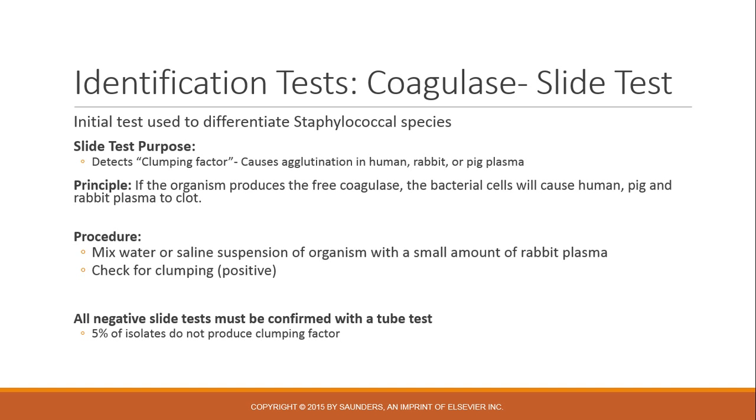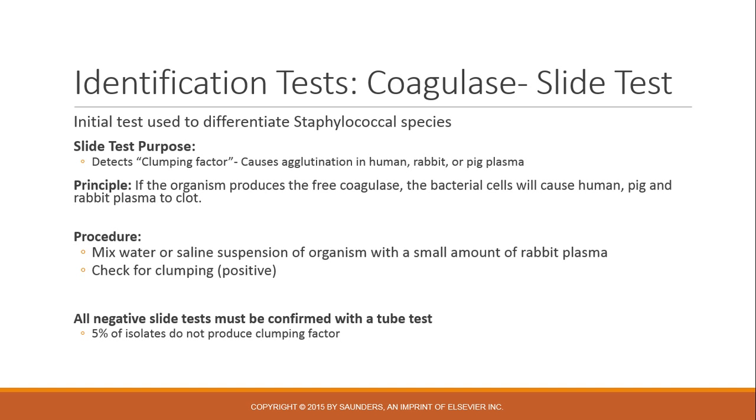So the principle is if the organism produces the free coagulase, which is the same thing as this clumping factor, then the bacterial cells will cause the plasma to clot. The procedure is just to mix a water or saline suspension of the organism with a small amount of plasma and check for clumping, which indicates positive. All negative slide tests have to be confirmed with the tube test.